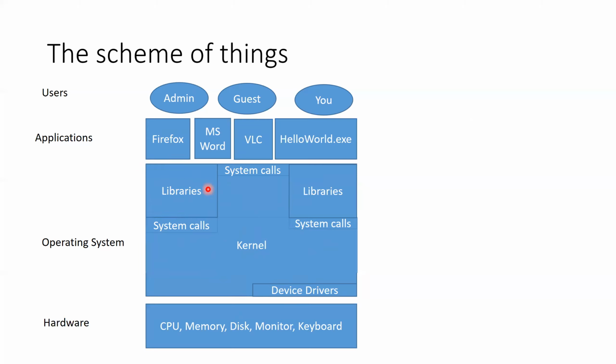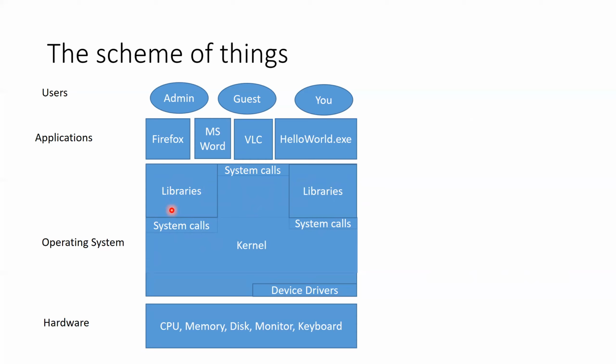Libraries basically provide you some extra functionality built on these kernel interfaces, which you call system calls. Usually system calls are a little cumbersome to use directly. So most of the time, these libraries provide you wrapper functions to access these system calls.